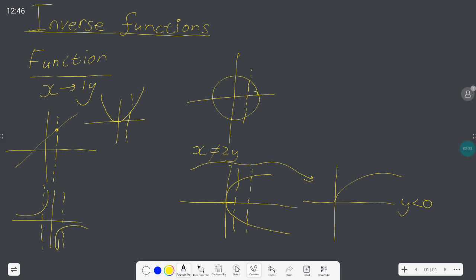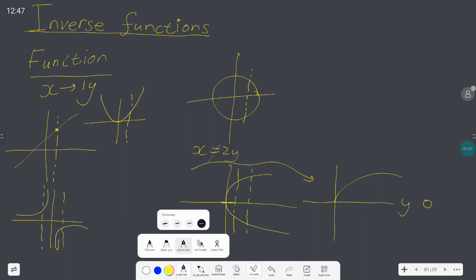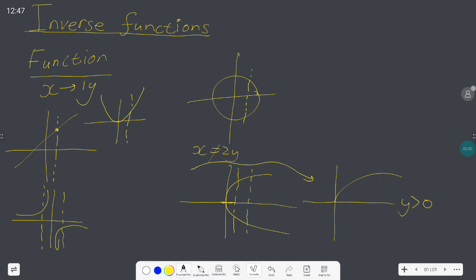I say, but this can only exist where y is larger than 0 or smaller than 0. In this case, y is larger than 0. That's my limit. So this only exists where y is larger than or equal to 0. Okay.